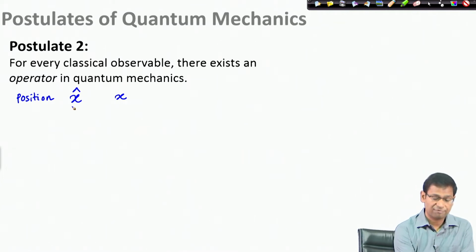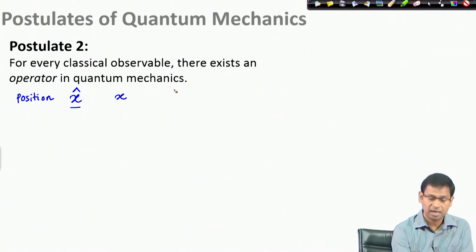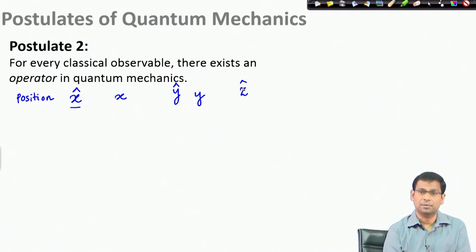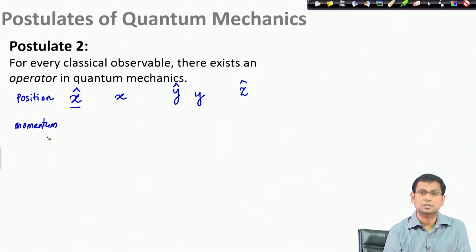As if I have defined my position in the x coordinate as x cap or the operator x, similarly y cap would be the operator to get the position along the y axis, whose action is simply multiply by y, or z cap is the operator that gives me an idea about the position along the z axis. The other quantity that we would like to know is the momentum.